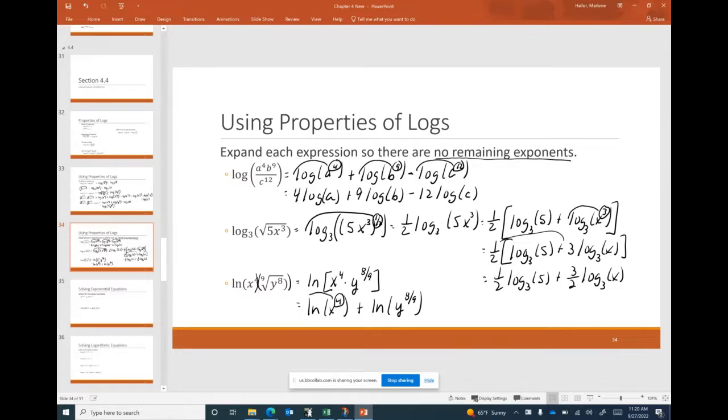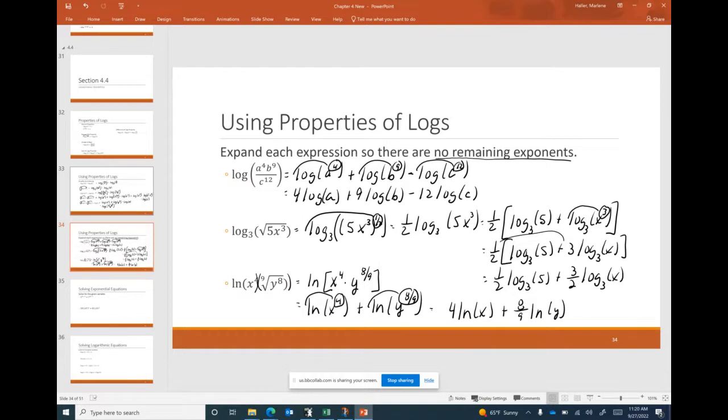And then lastly, I can bring down those exponents. Finally, this will be 4 times the natural log of x plus 8/9 times the natural log of y.